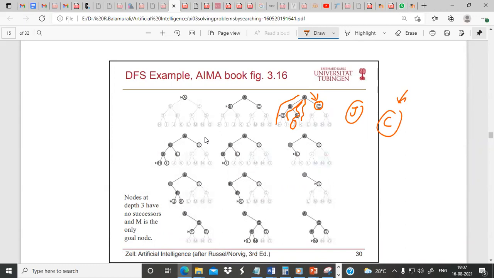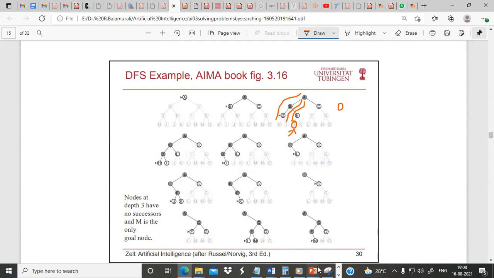If you consider the level as the cost, since here we are not associating any cost to the links, that is, the depth at which the solution is available, then C is the optimal solution rather than J. But the algorithm will first go here, then here, then here, and it will find J and declare J as the solution. J is a solution, that is fine, but it's not an optimal solution.